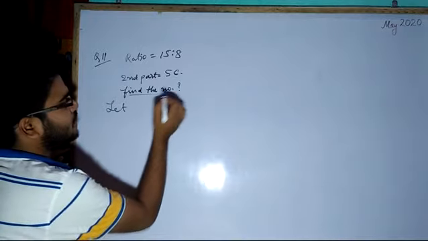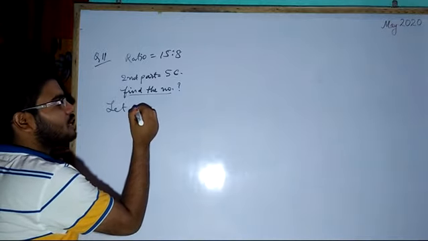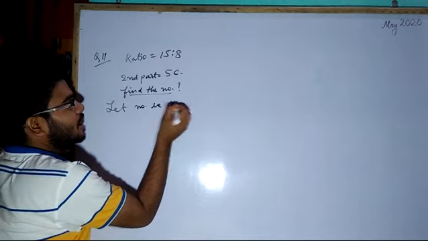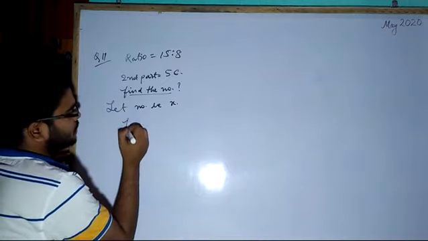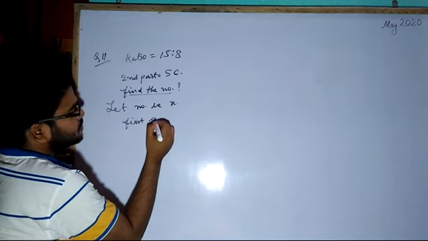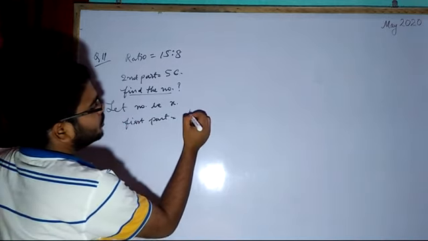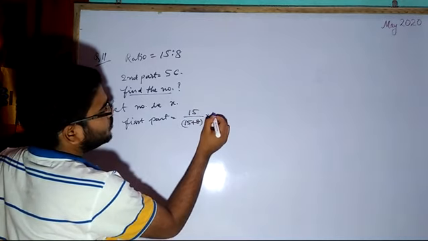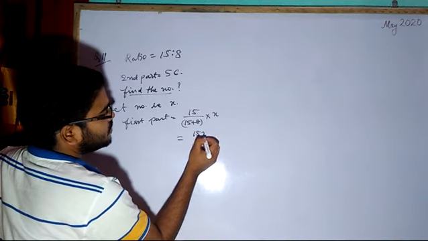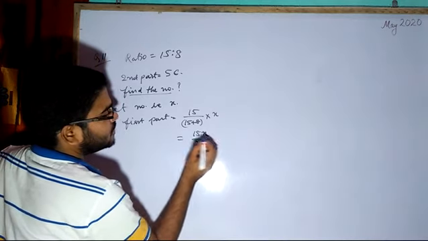So we have to find the number. So we can assume the number. Let the number be x. Then first part will be equal to 15/(15 plus 8) into x, the number. That means 15x/23.